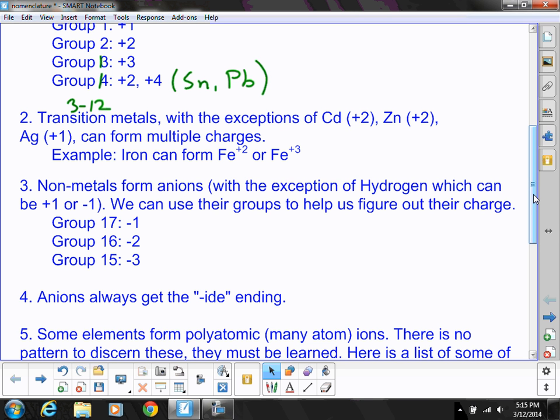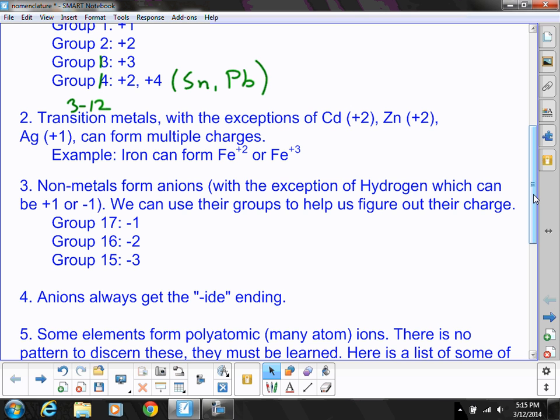When it comes to naming these ions, there's no special rule for the name of the metal ions. If we're talking about a calcium +2 ion, it's just calcium. If it's sodium +1 ion, it's just sodium.